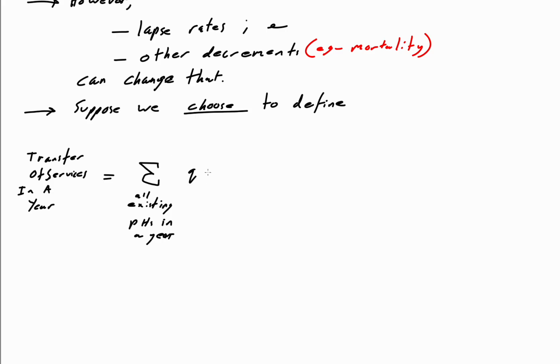And then I'm going to put in the Q, so say probability of death, as a function of policyholder age, times the sum assured for that existing policyholder.